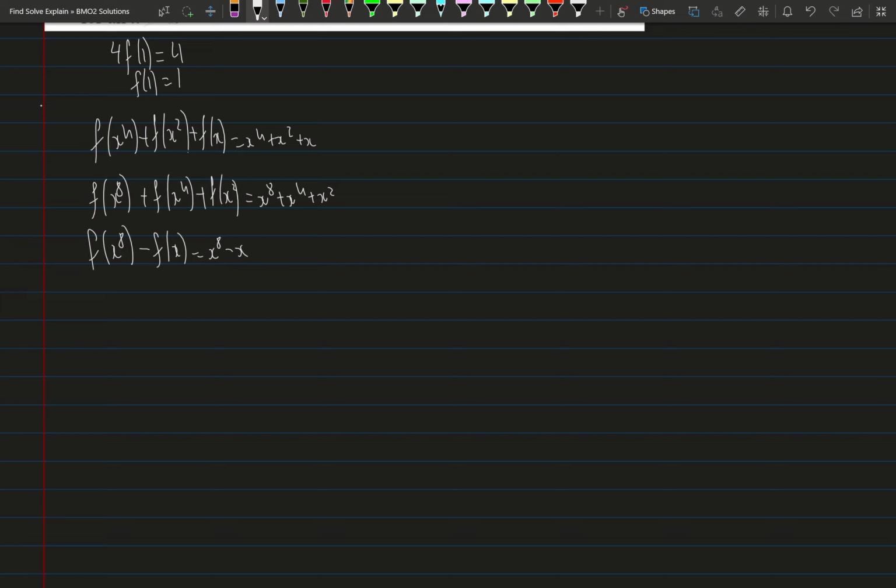Or we can rewrite this as f(x^8) minus x^8 equals f(x) minus x. And this shows us that if f(x) is a polynomial, f(x) is of the form x plus c.